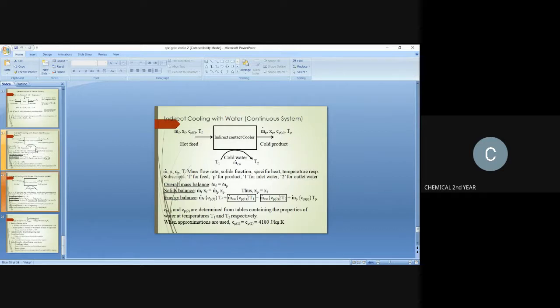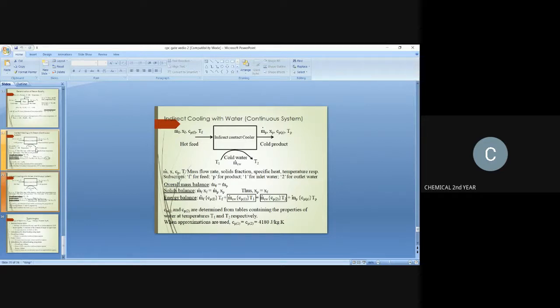Here, the overall material balance is given by Mf is equal to Mp. Next, the solid balance is given by Mf into Xf is equal to Mp into Xp. Similar to the above, if the mass flow rates are equal, then the mole fractions will also be equal.